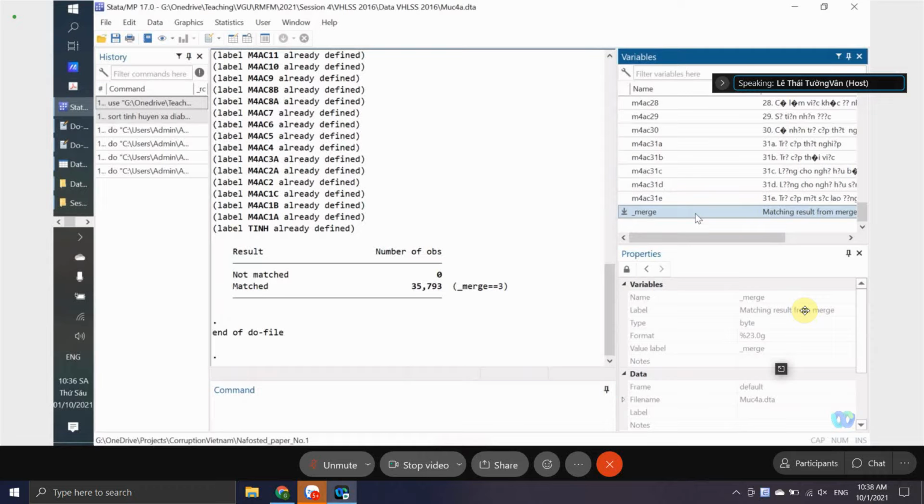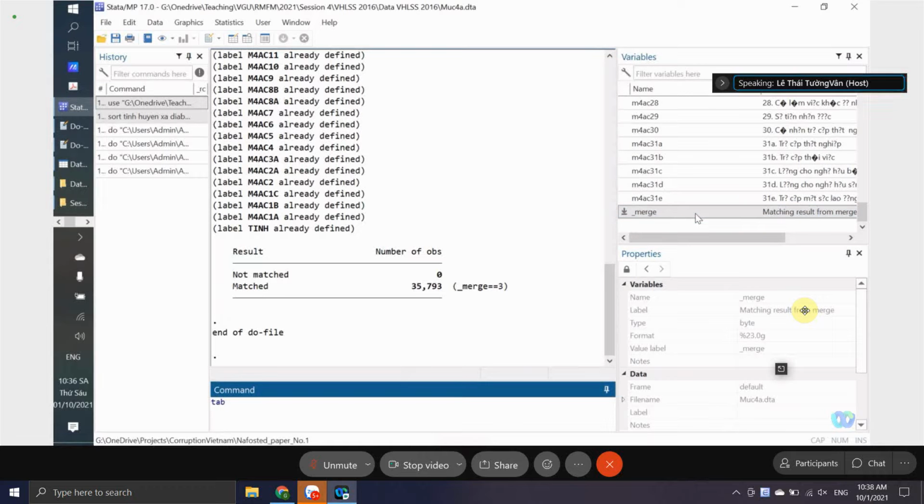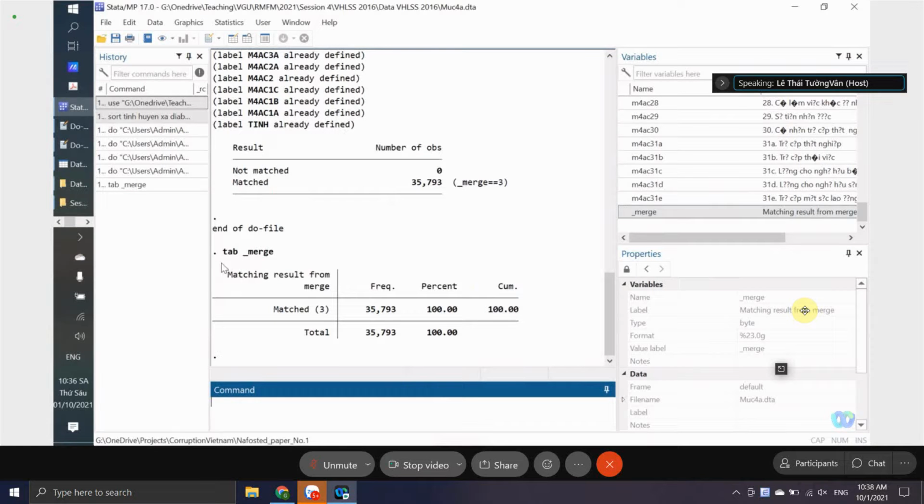So if you type tab merge, you will see that it has the information. All observations are successfully merged, and there is no mismatching. Later on, you will see that there will be some mismatches. But in this case, everything is okay.